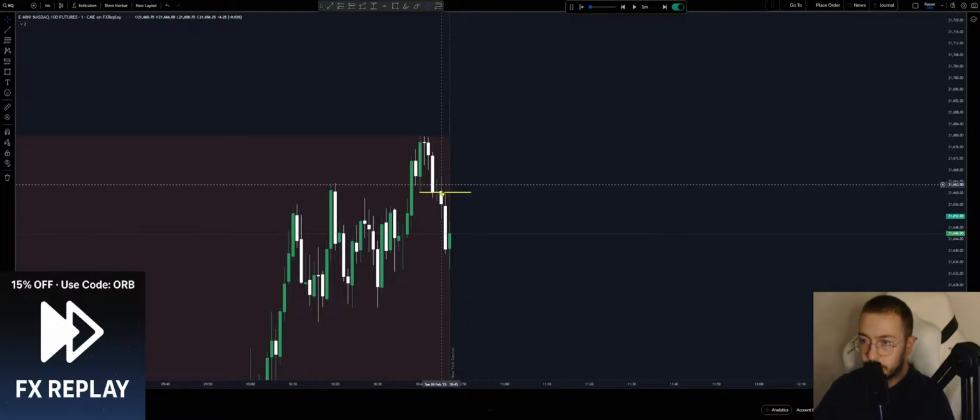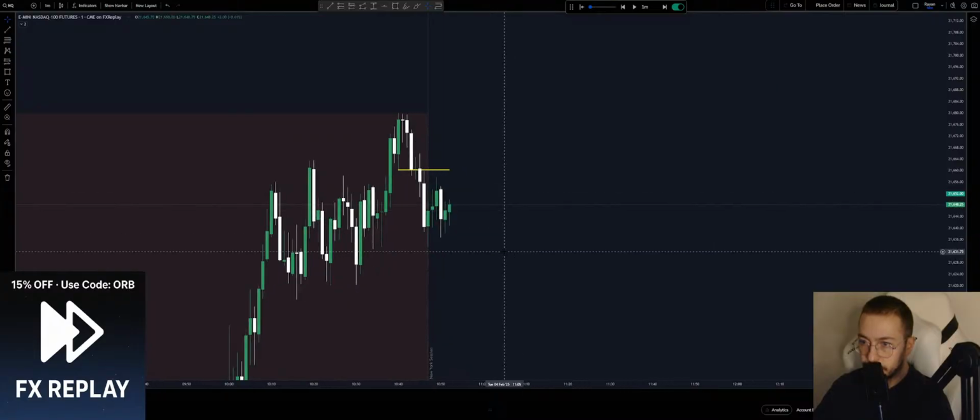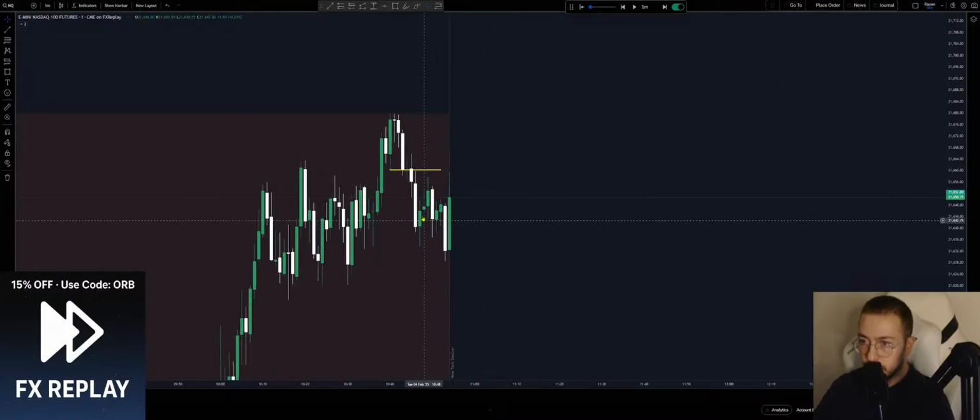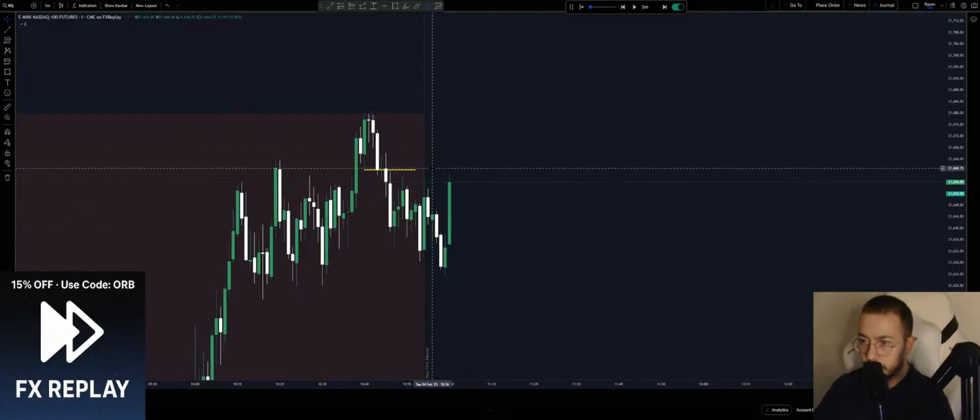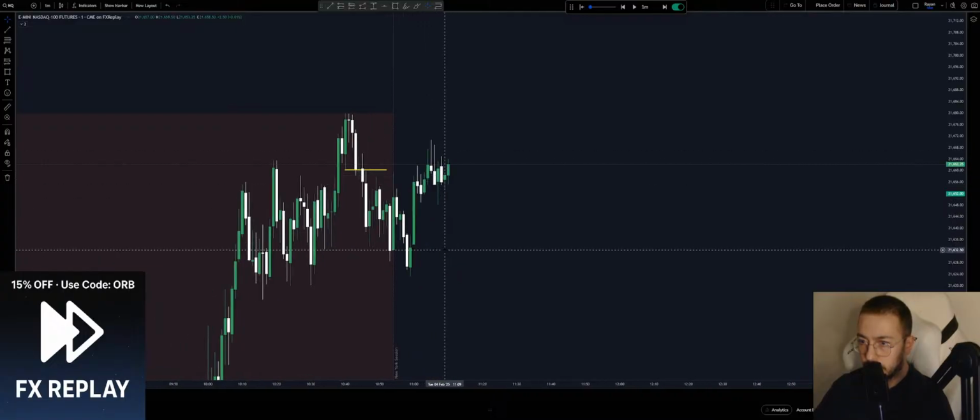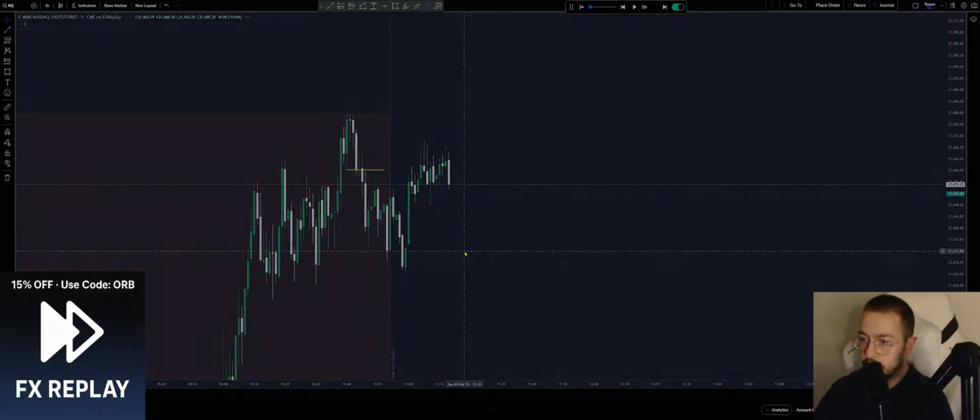But that candle that breaks structure already mitigated the fair value gap, so this is not a valid entry. We do have here break of structure, but there's no fair value gap above. Right, no entry this day.